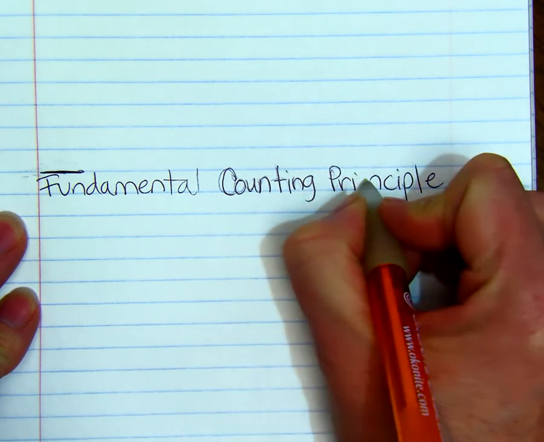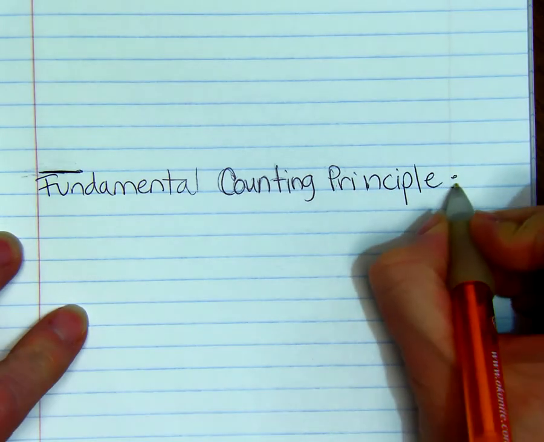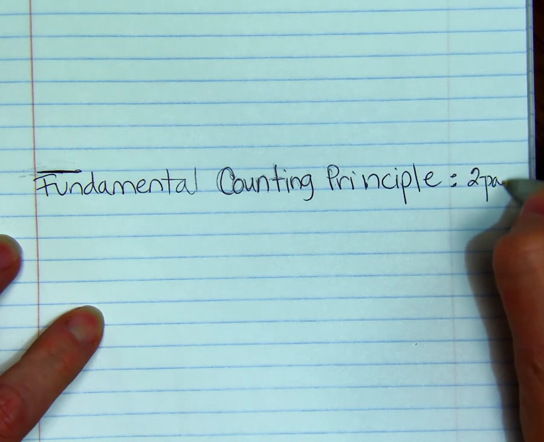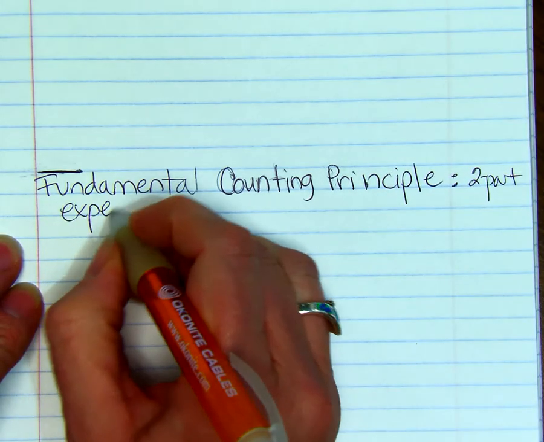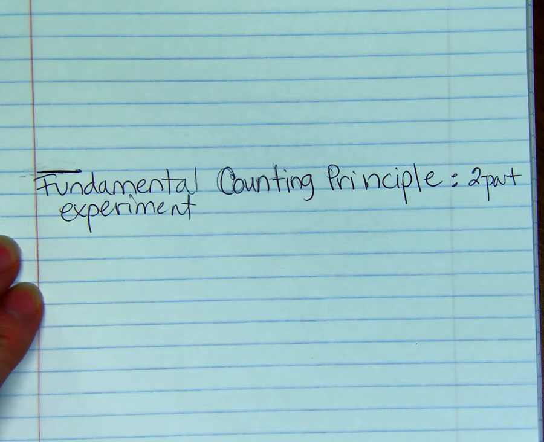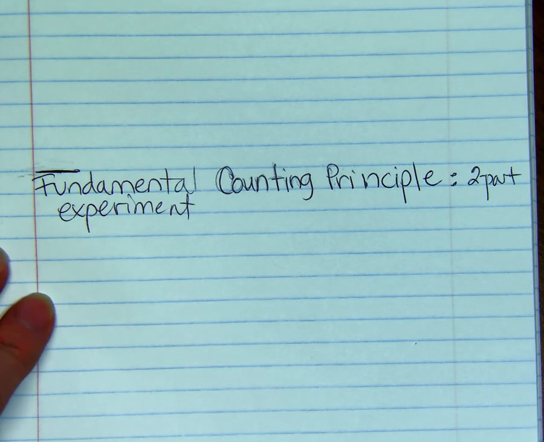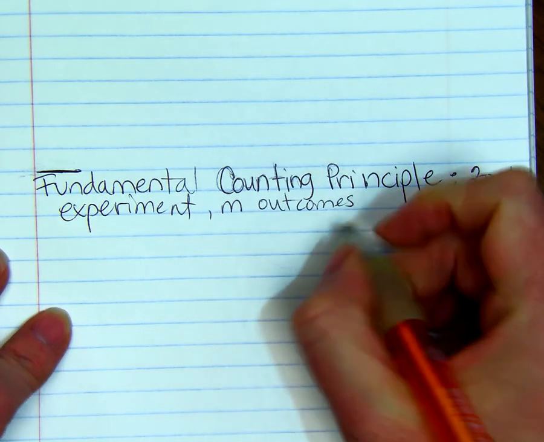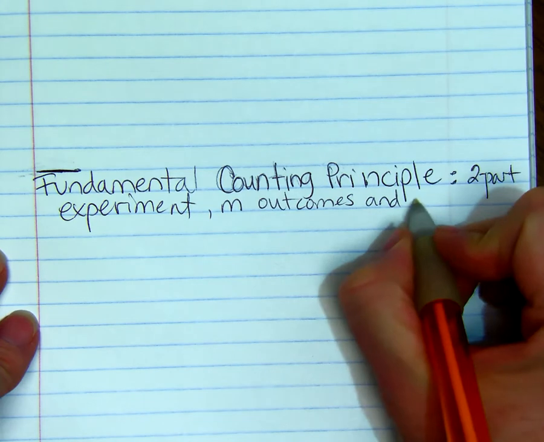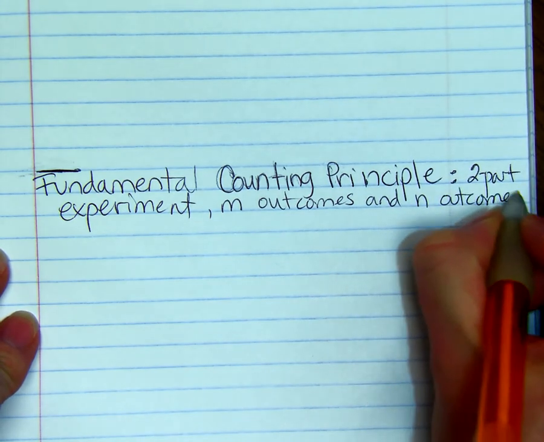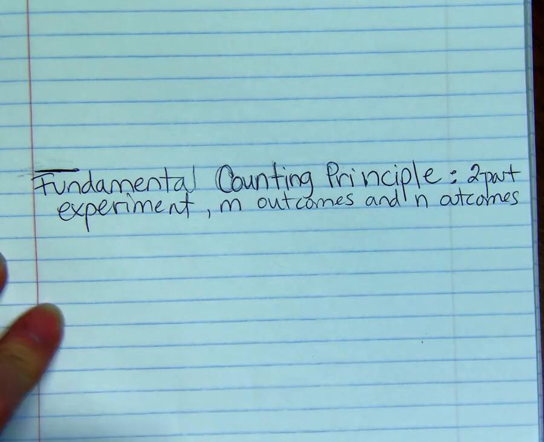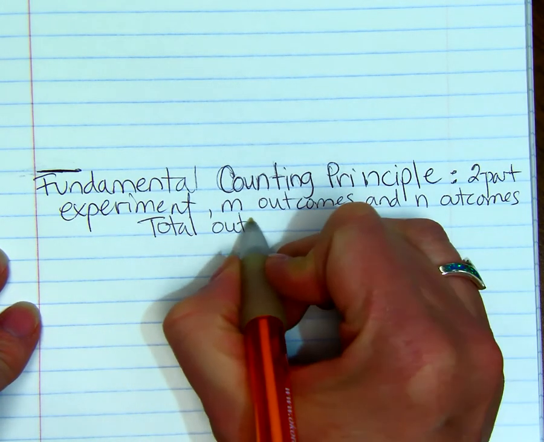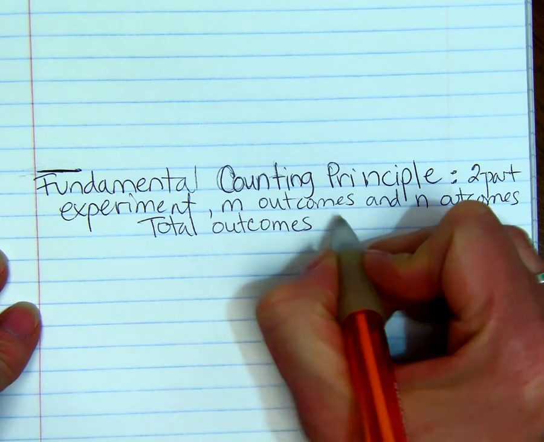The fundamental counting principle says that if you have a 2-part experiment and one of the parts has M outcomes and the other part has N outcomes, the total outcomes is the product of those two numbers.